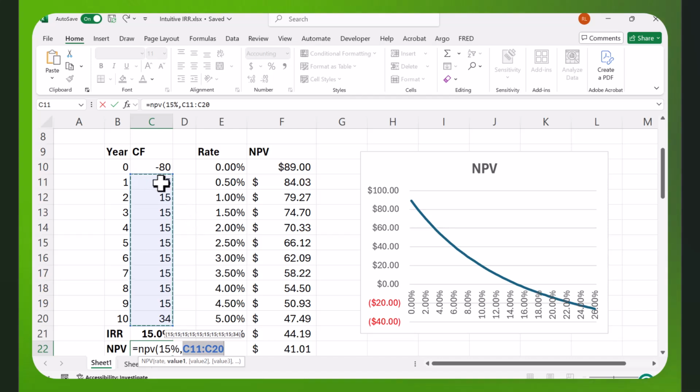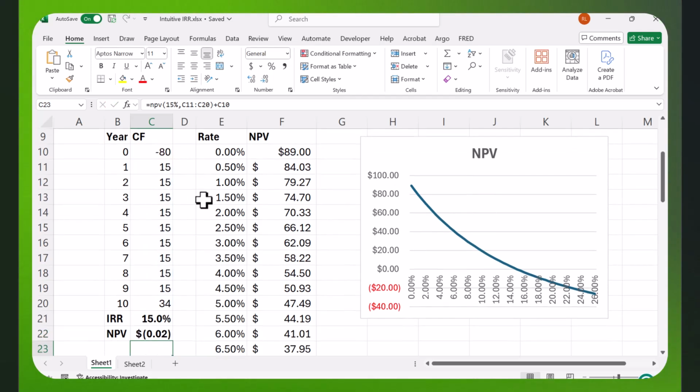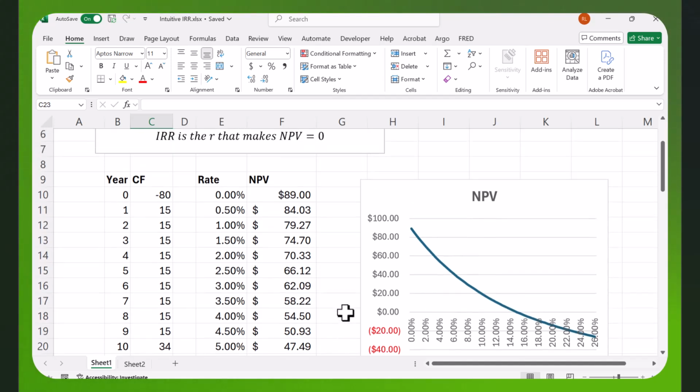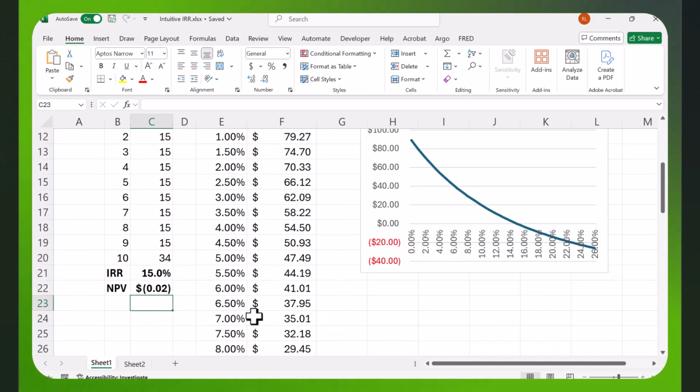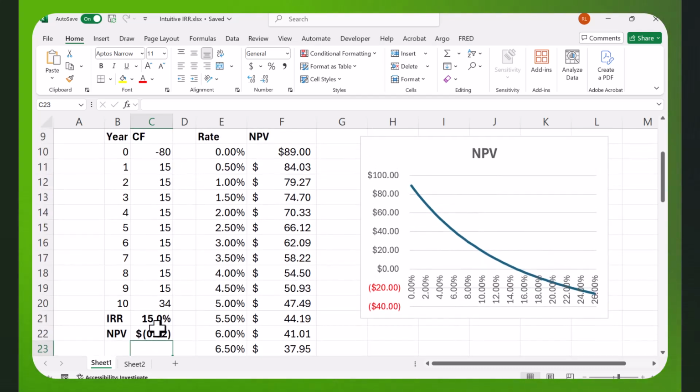So it starts discounting the first cash flow, and we don't want to discount this one. So you only want to highlight these cash flows starting in year one and then subtract out the cost later. So I'm going to add the cost because it's a negative number, and I get approximately zero. So that's just a rounding error. Okay, I couldn't make up a number that came out exactly correct here.